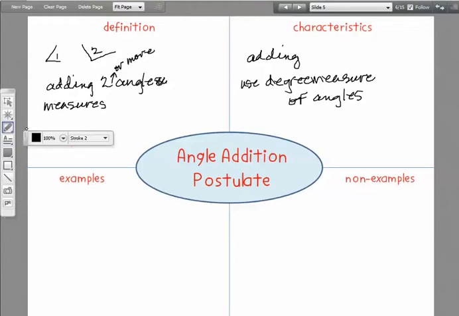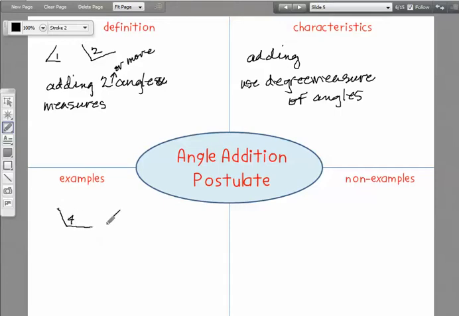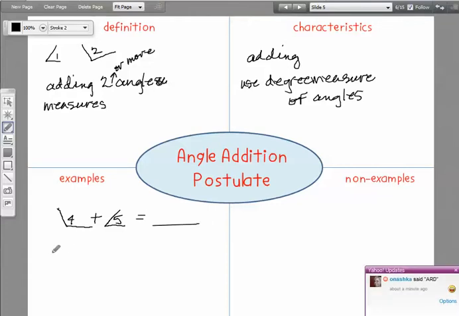Some examples, and I've kind of already done one up there at the top. Let's just say I've got angle 4 here, and I've got angle 5 here. Let me do this another way.